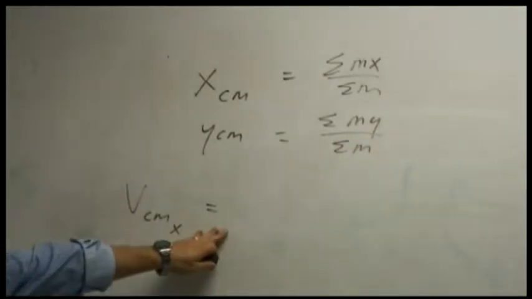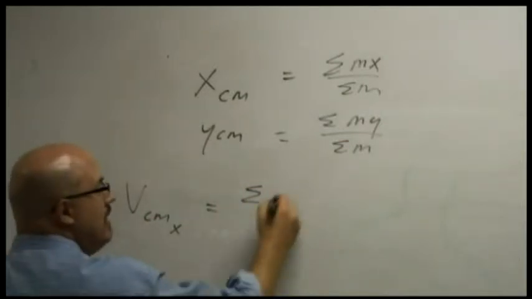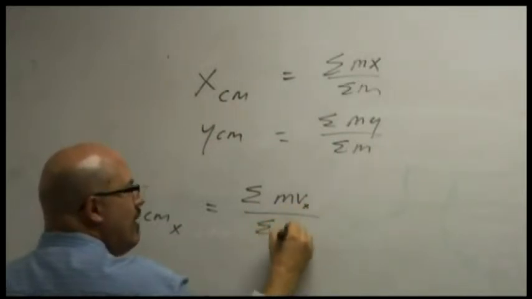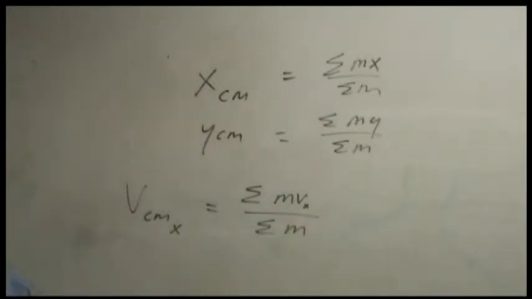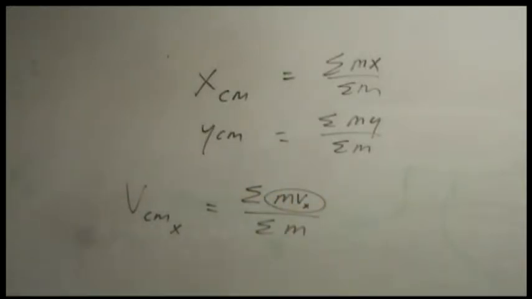Okay, if we're going to find the velocity of the center of mass, guess what it will be? The sum of the mv's in the x direction over the sum of the m's. What's that? It's momentum, okay?